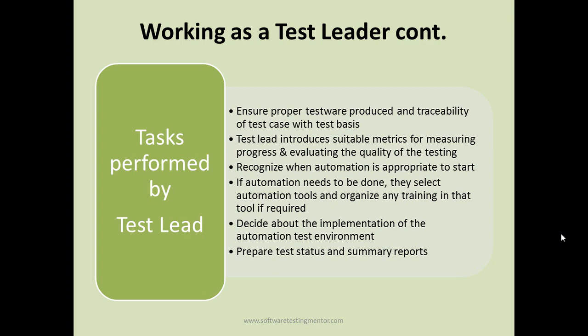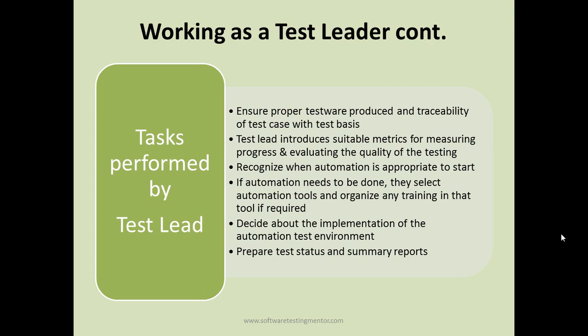And he also decides about implementation of the automation test environment. He is the main person who decides what the automation test environment will be like, and any hardware and software resources required for that are arranged by the test lead. Then prepare the test status and summary report.